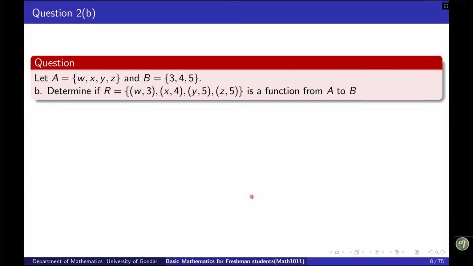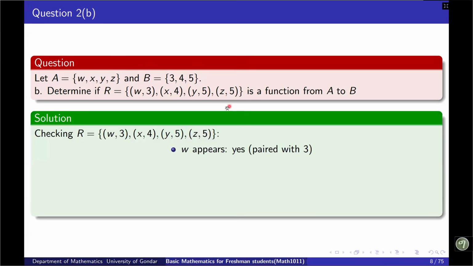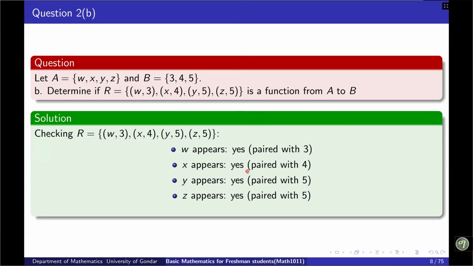Second one, on the same information, we are given the relation R containing these four elements. And we are asked to determine whether this relation is a function from A into B. So when we check this, W appears and is paired with 3. Similarly, X appears and is paired with 4. Y appears and is paired with 5. Also Z appears and is paired with 5.